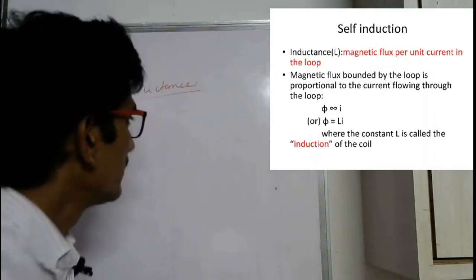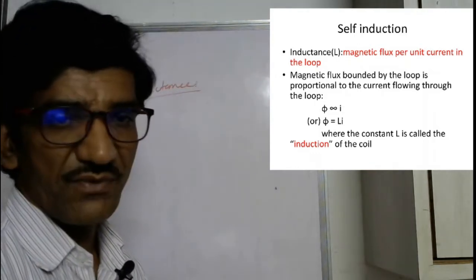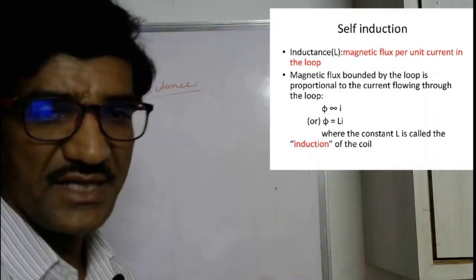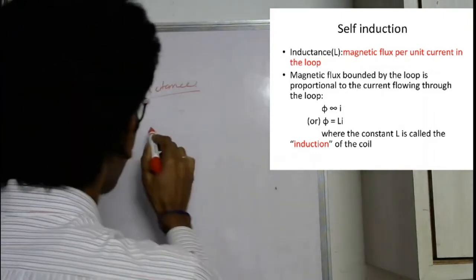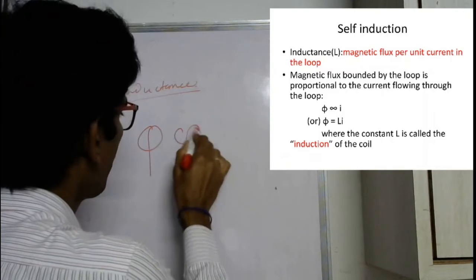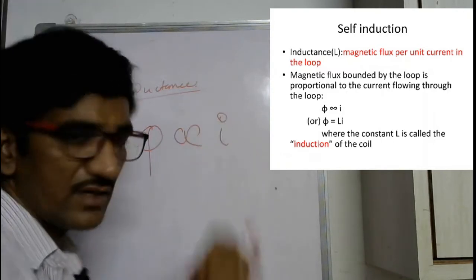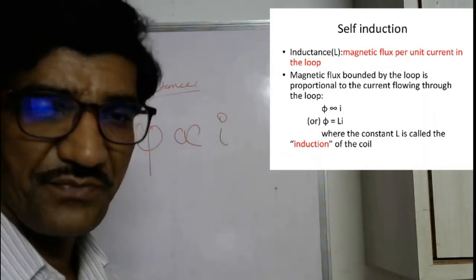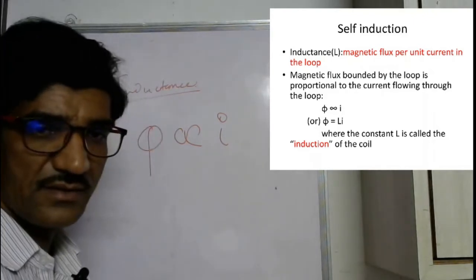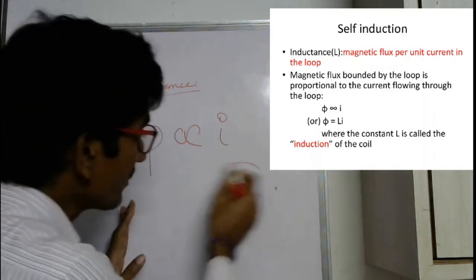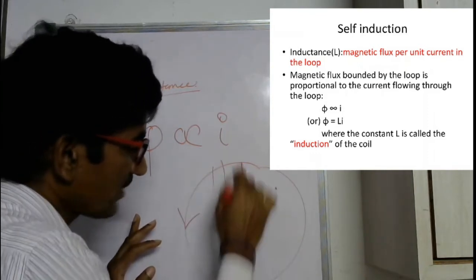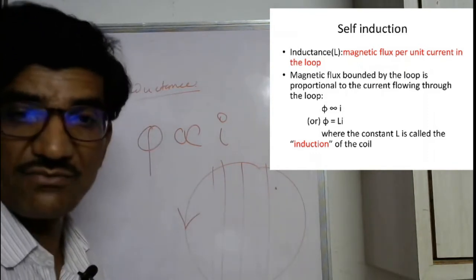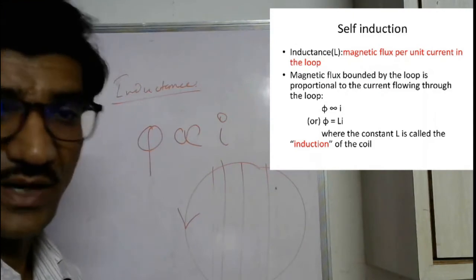Because current I is flowing, you have some flux. What is the relation between I and phi? This flux must be proportional to the current. Why? Because the cause of this flux is I.